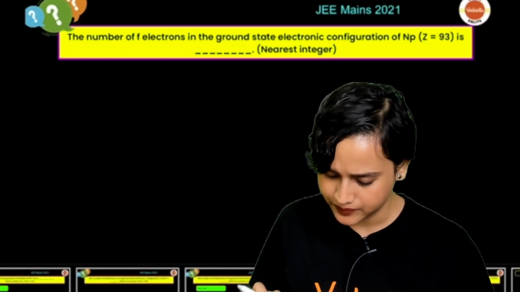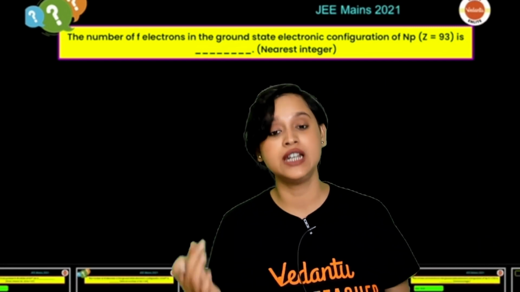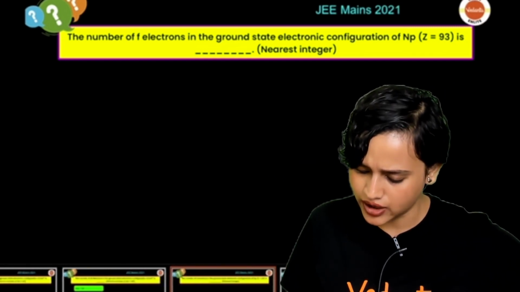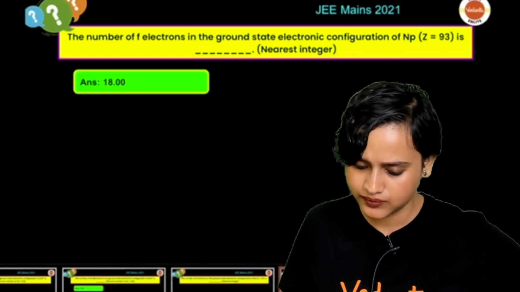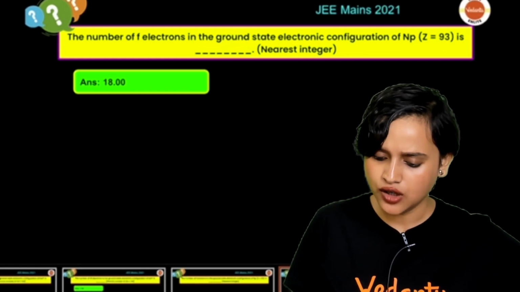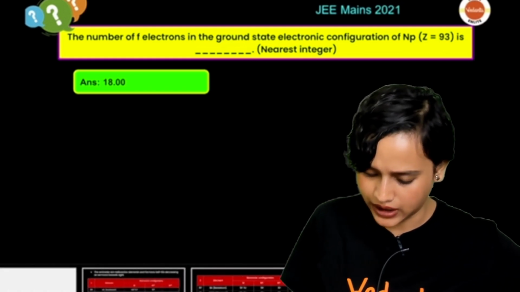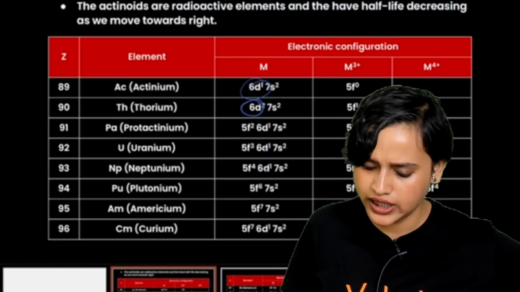Let's read it. Z is equal to 93. Number of f electrons in the ground state electronic configuration of Np. Ground state Np. 5f4 only it is.